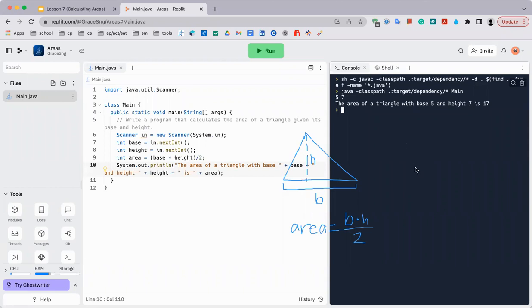So if we take a look at this triangle with base 5 and height 7, 5 times 7 divided by 2 is equal to 35 over 2, which is equal to 17.5. But what did we get here in our output? We got that the area of this triangle is 17. Okay, something is wrong here. So let's go back and review our code. We clearly have a bug.